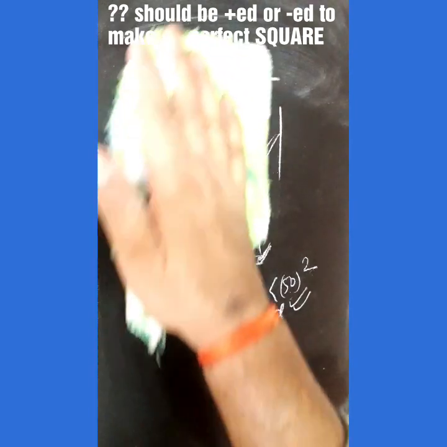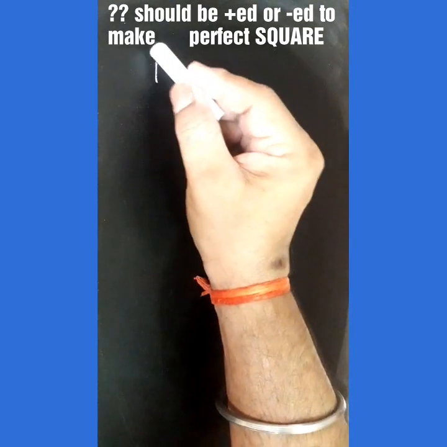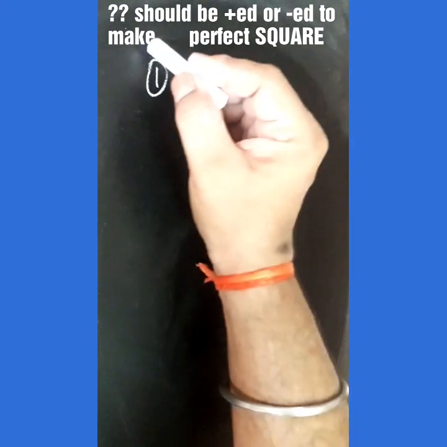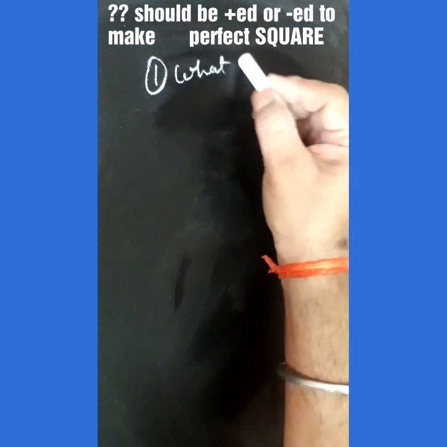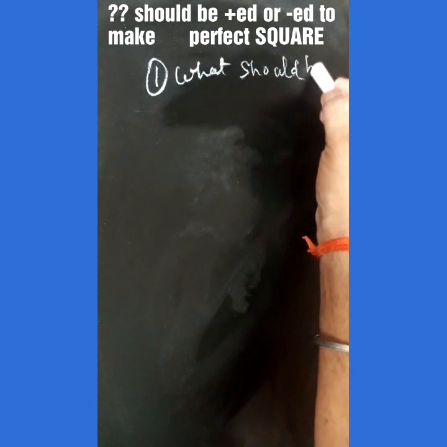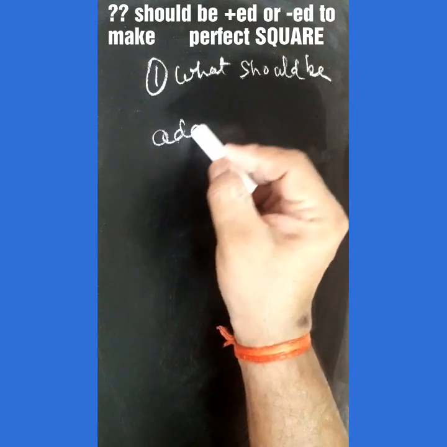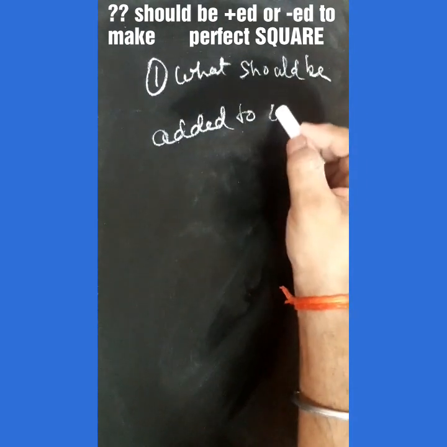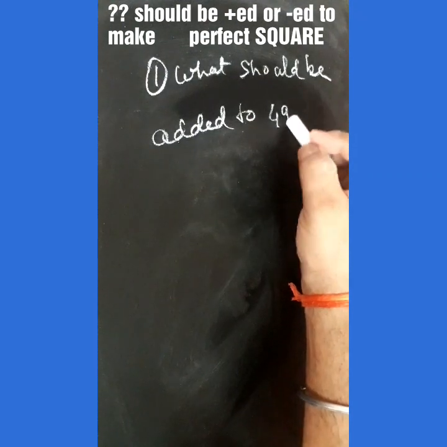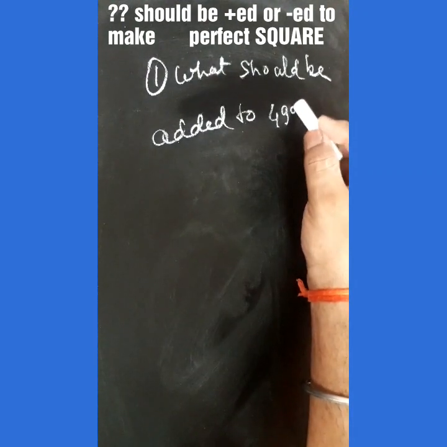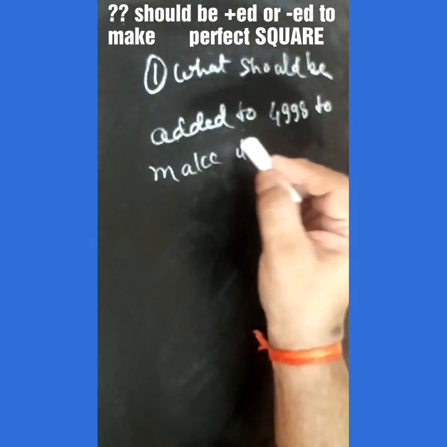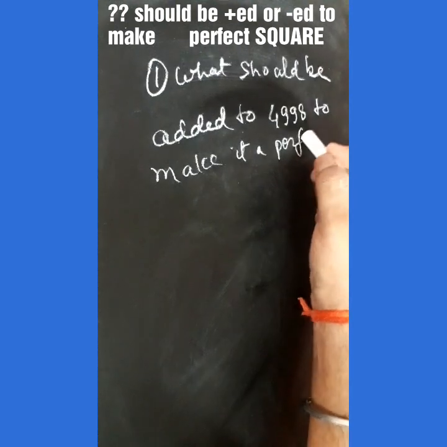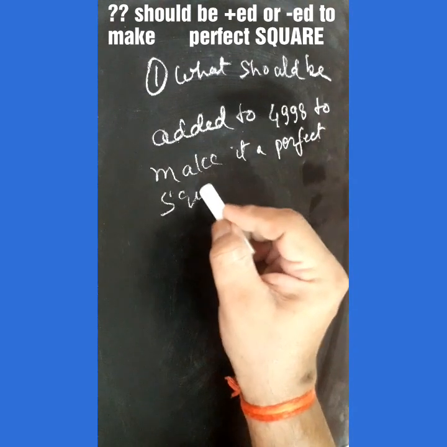Some questions for practice. The first question is, what should be added to 4998 to make it a perfect square?